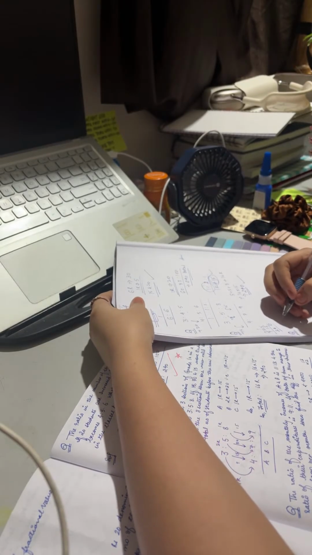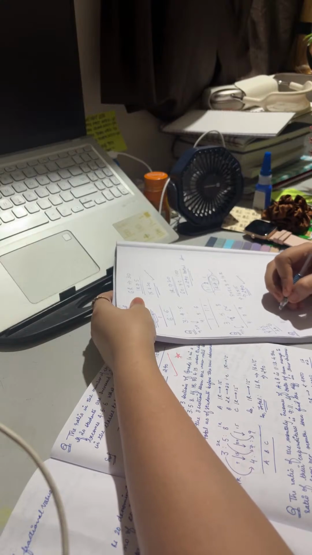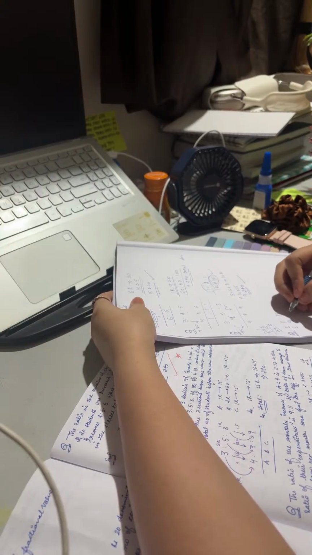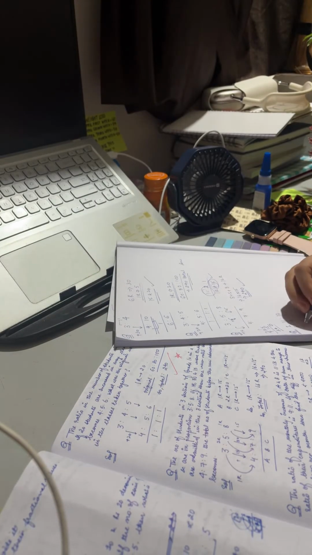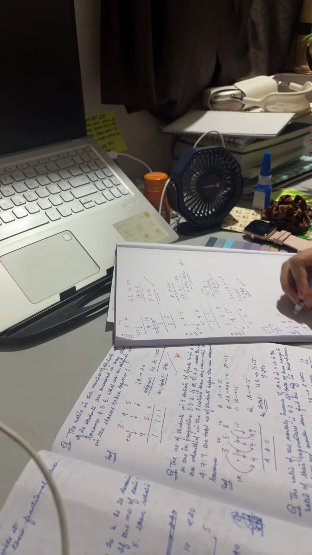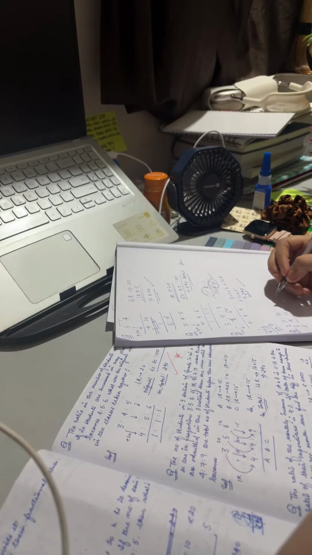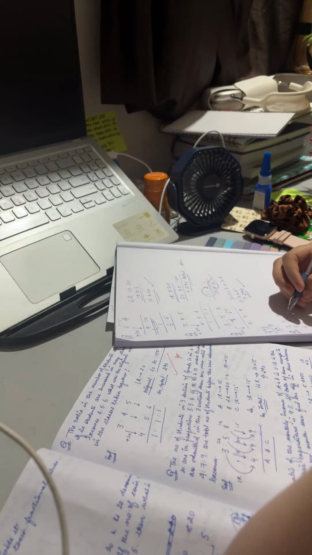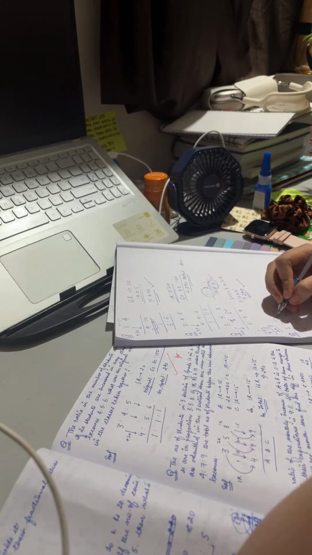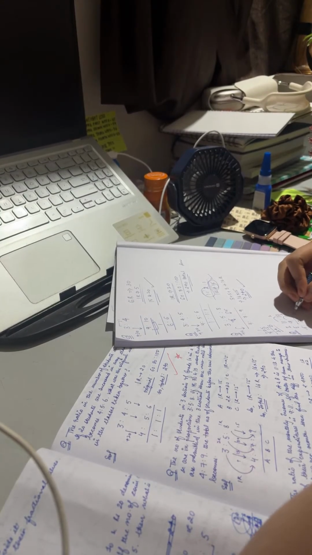The ratio of monthly incomes of A and B is 11:13 and their expenditure is 9:11. They managed to save 4,000 per month. Then find the difference between their incomes. If I see, the internal difference is 2, the internal difference is 2, so I can just do 2:2.